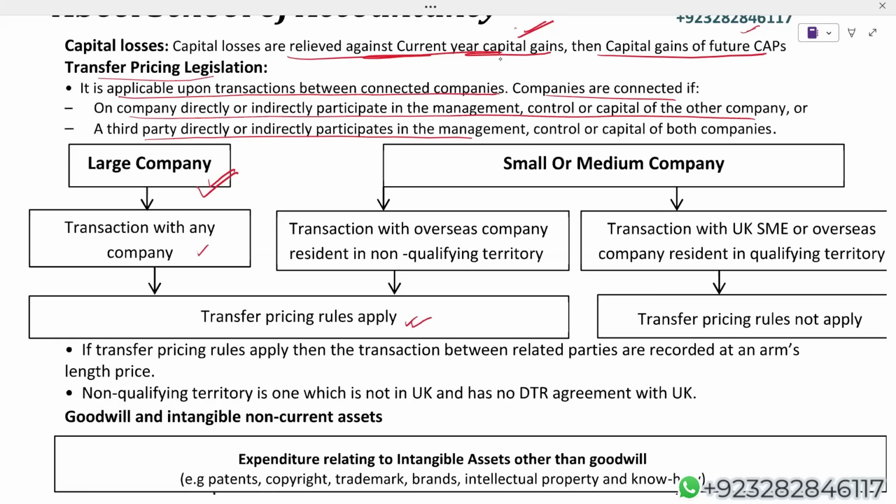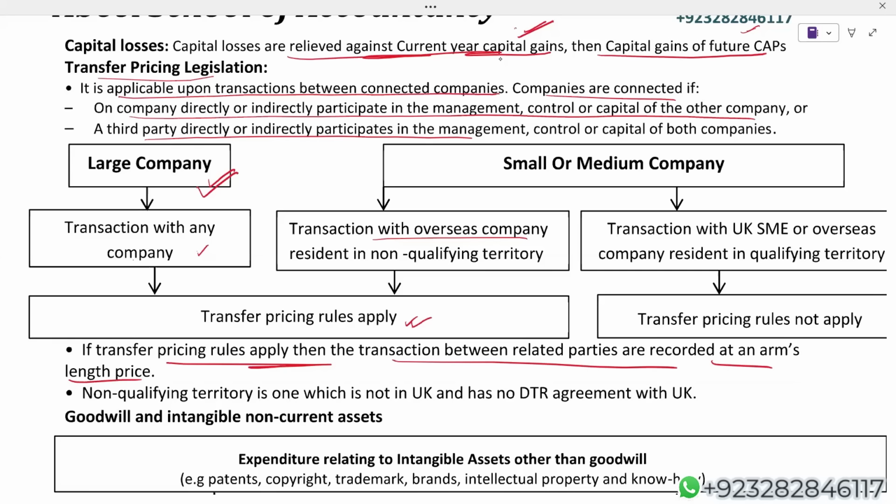If the transfer pricing rule applies, then transactions between the related parties are recorded at arm's length prices, meaning fair values. A small or medium company, transaction with an overseas company resident in a non-qualifying territory. If your company is a small or medium-sized entity and you have transactions with overseas companies that are not resident in a qualifying territory, you are fine.